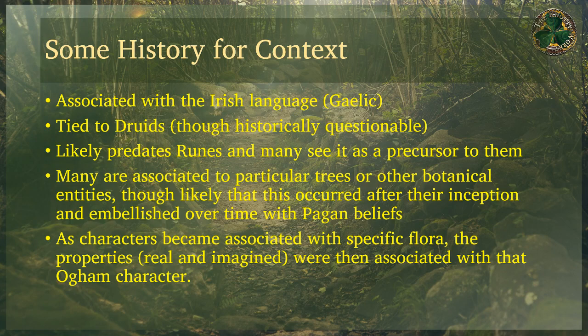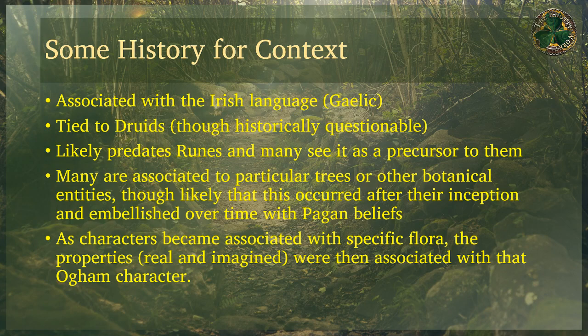And again, for my purposes, not a big deal, because I'm not digging that deep into it historically, but as you'll see, I will be tying these in the trees and other plants in with the system I'm creating for my supplement. And again, characters became associated with these specific flora, and the properties we even imagine were then associated with that character.